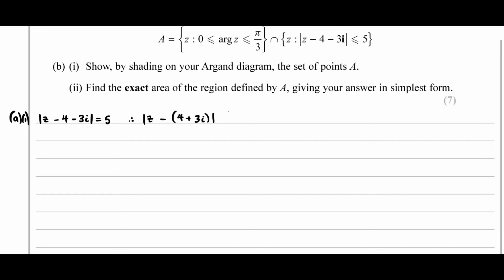These two are equivalent, equals 5. And what we see over here then is we have a circle with radius 5 and center 4, 3.